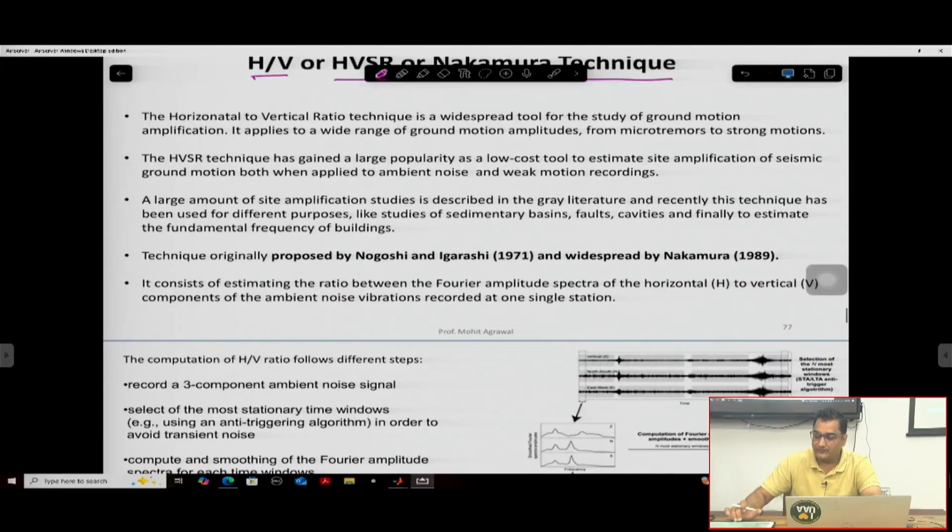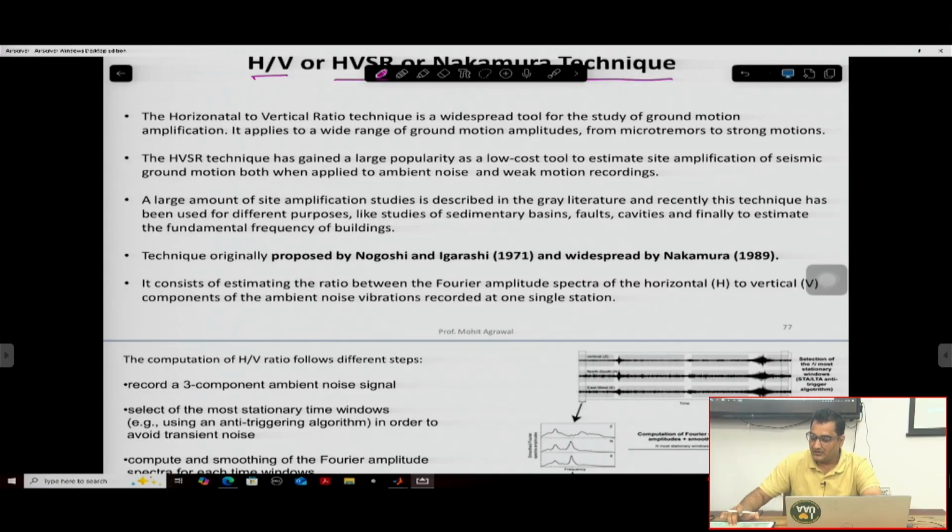A large amount of site characterization studies has been described in the literature, and recently this technique has been used for many different purposes, such as the studies of sedimentary basins, faults, cavities, and finally to estimate the fundamental frequency of the buildings.